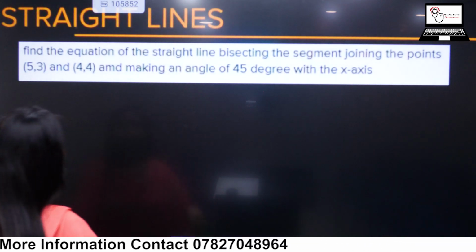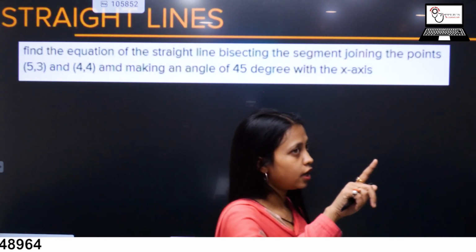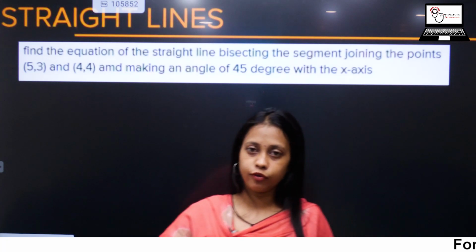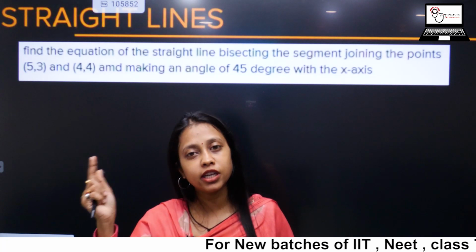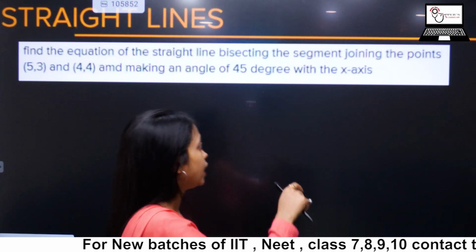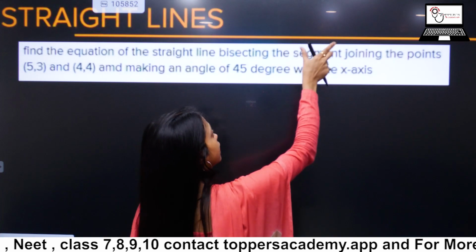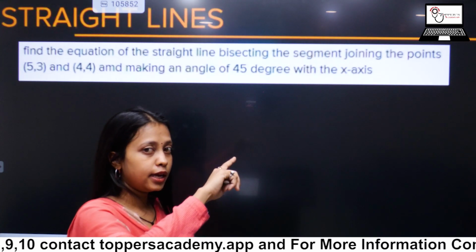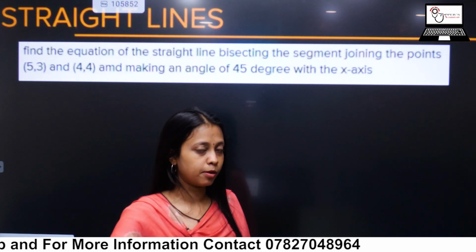Find the equation of the straight line. There is a straight line and I want to find the equation, and information about that straight line is given. What is the information? The straight line is bisecting the segment. That line is bisecting some other line, so I have two lines in my mind.